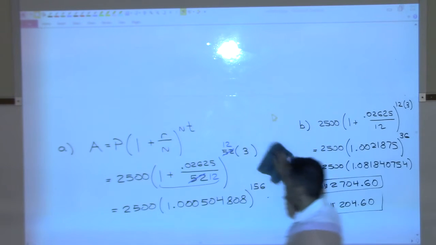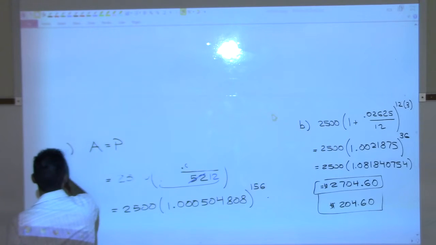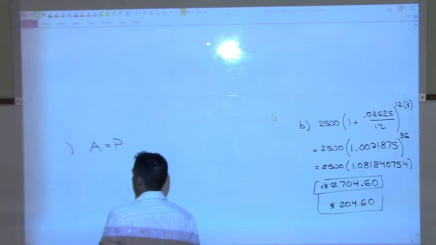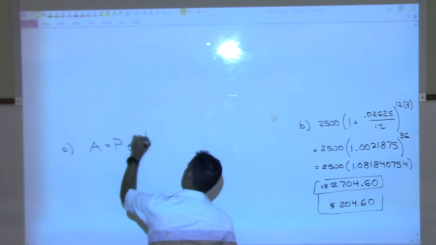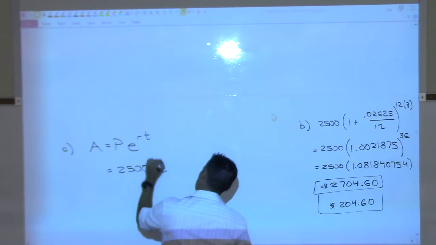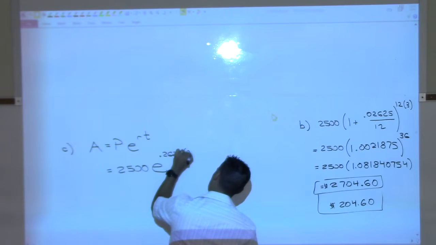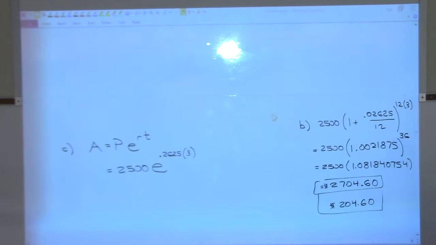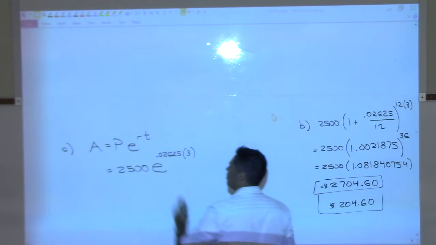Now for part C, we change our formula, right? Because it's compounded continuously. So for continuous compounding, we use this formula. So it's 2,500 e to the 0.2625 times t, which is 3.0.